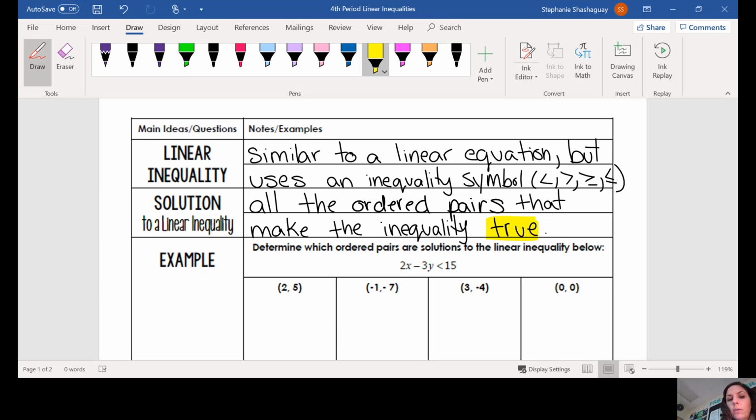Okay, so the solution to the linear inequality is all the ordered pairs that make the inequality true.